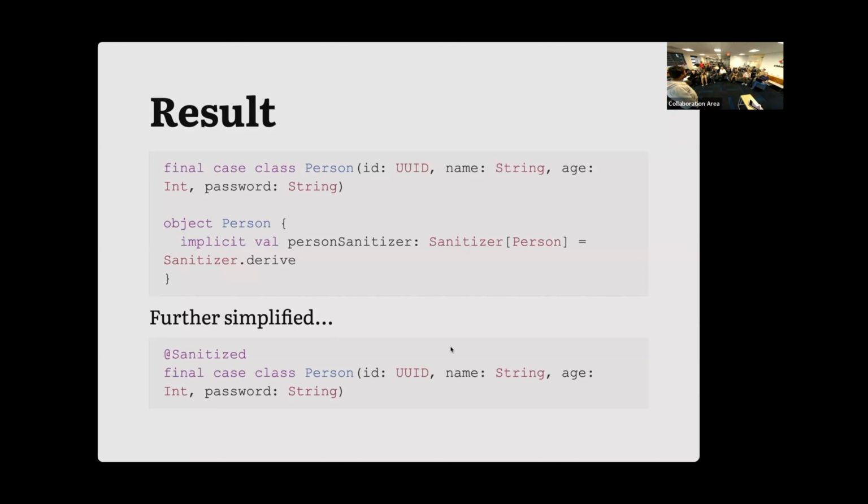Can you say what the defaults are for UUID, string, and int? Yes. For UUID, because it's an identifier, the default is to tokenize it. For strings, we tokenize it. Ints, we do not tokenize. And I think we have a few more defaults, like temporal types, which we are not tokenizing.